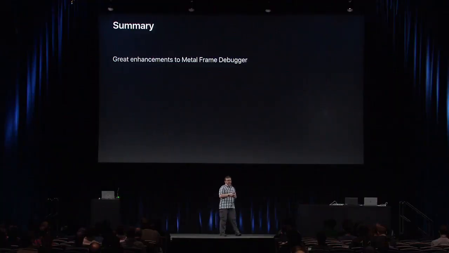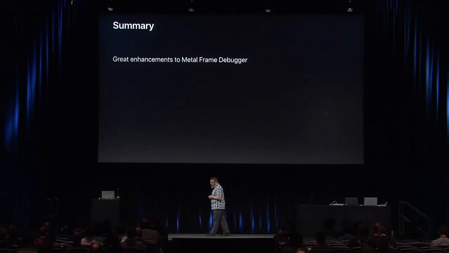So what have we talked about today? We've talked about some great enhancements to the Metal Frame Debugger with support for pixel inspection, inspecting vertex shader outputs, rich filtering, better capture support, better capture performance, and Xcode Metal Quick Looks.